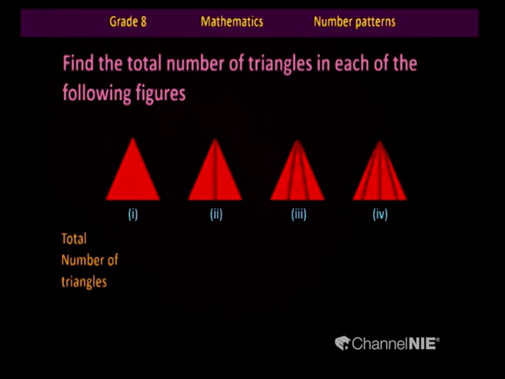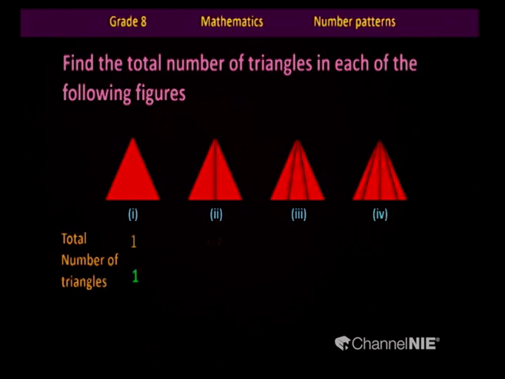Find the total number of triangles in each of the following figures. Right. Now, we have got 4 figures. We can see some triangles there. So, we will count the number of triangles present. In part 1, we can see only 1 triangle. In part 2, we can see 2 small triangles and 1 big triangle.